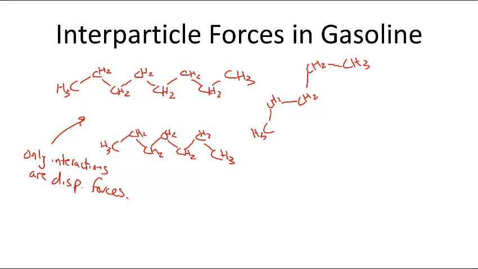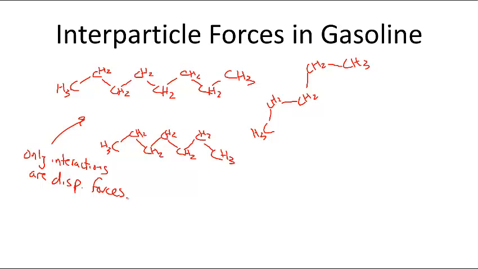So they will make a solution because they're all nonpolar. All these alkanes are nonpolar. So they'll mix within one another because there's nothing for them to grab onto specially, right? One octane molecule isn't more attracted to other octane molecules than it is to a pentane or a heptane because they all just have these dispersion forces. They're all nonpolar. So they're happy mixing and mingling within one another.